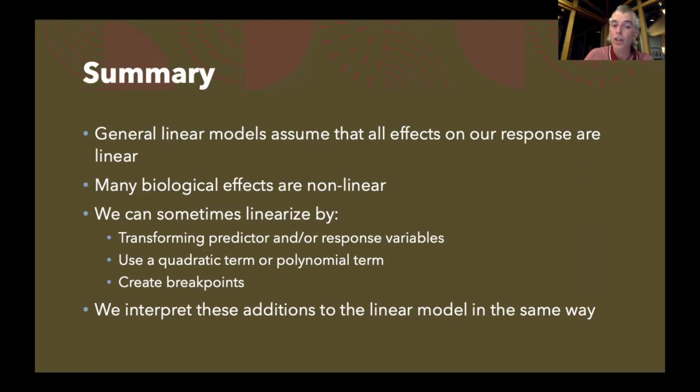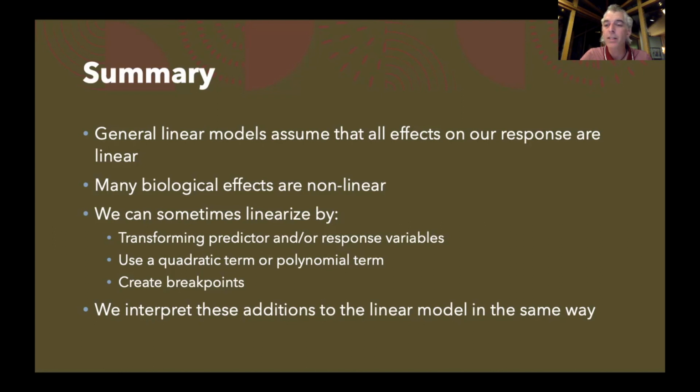Now, many biological effects are nonlinear, but luckily we can deal with these in a general linear model, either by transforming either the predictor or the response variable, or sometimes both, by using quadratic or polynomial terms to represent humped or squiggly relationships between a predictor and a response, or in some cases, using breakpoint regressions, where the relationship between some predictor and our response changes in a dramatic way below or above some hypothesized threshold.